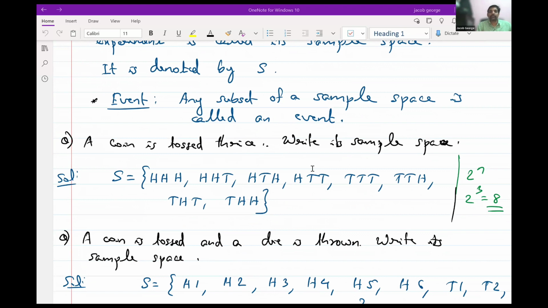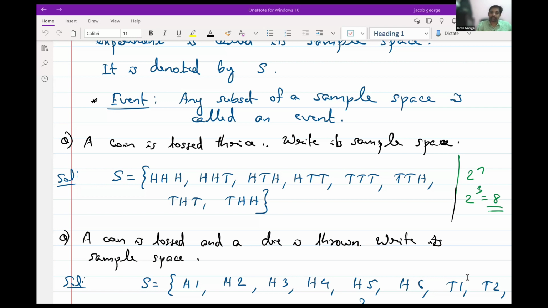A coin is tossed thrice. Write its sample space. Coin is tossed thrice means total 2 raised to 3, that is 8 outcomes. 2 raised to n is the formula for finding outcomes when coins are tossed.